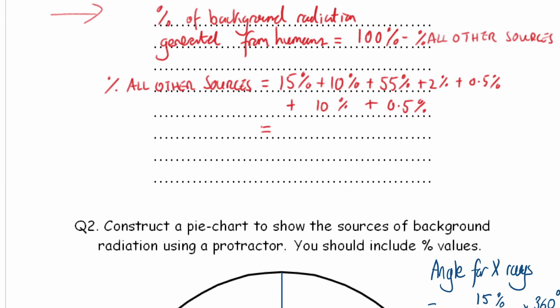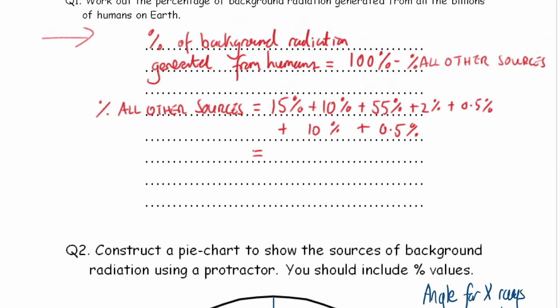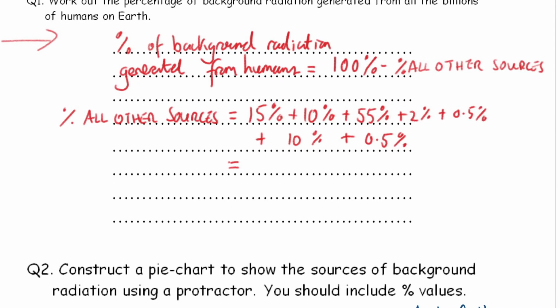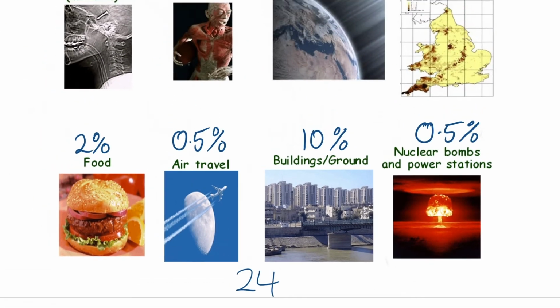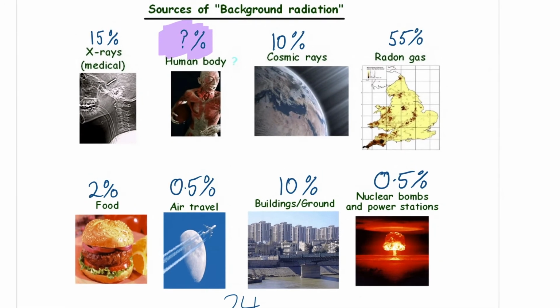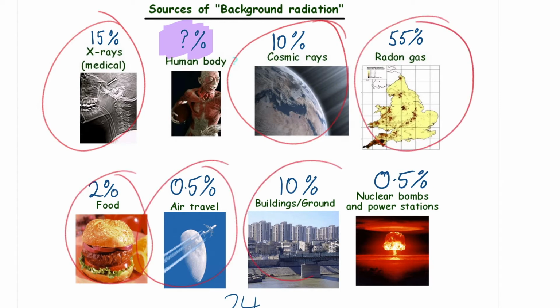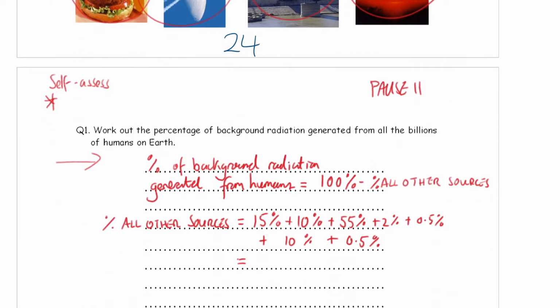Okay, now what you needed to do here was to work out what's the percentage of background radiation due to all the other sources. Add those up and then take it away from 100%, and then that should give you this answer.